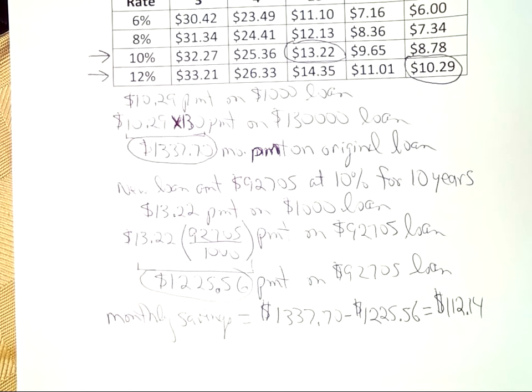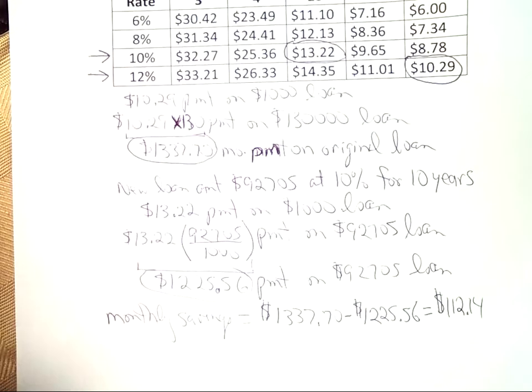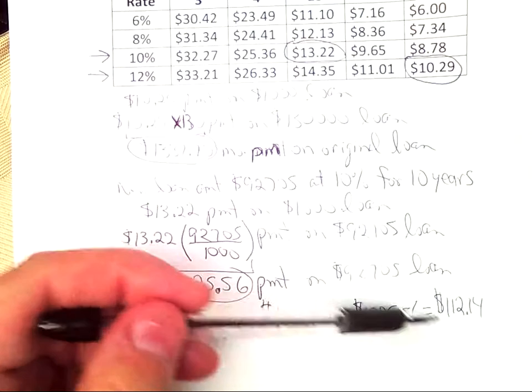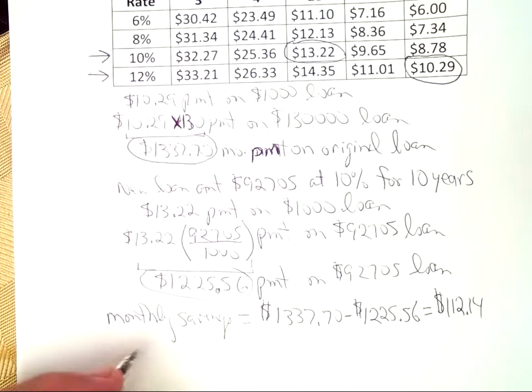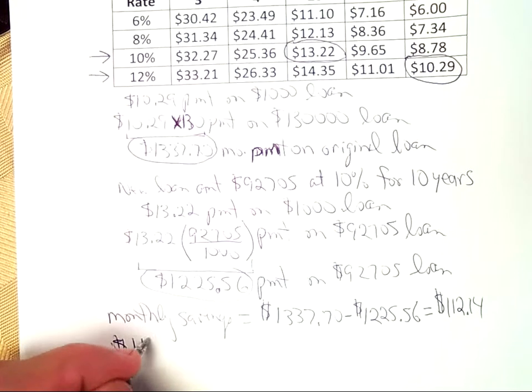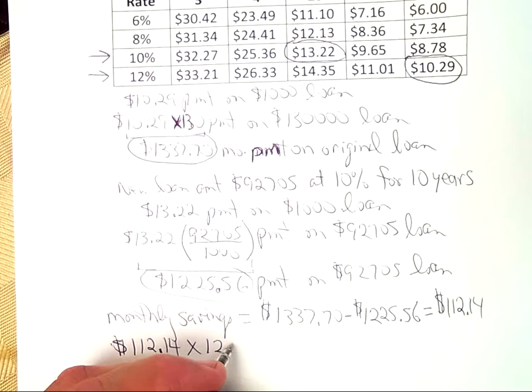Now that's every month. But you saved it for 10 years. You took out the original loan for 20 years. That last loan ran for 10 years. So every month for 10 years, you saved that amount. So you saved $112.14 times 12 each year.